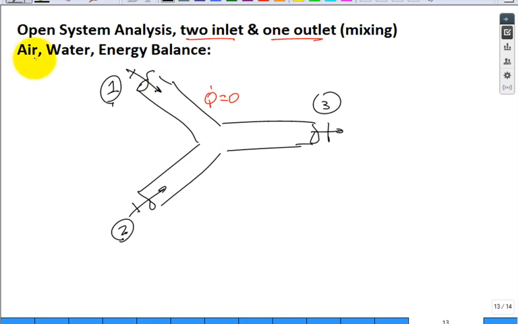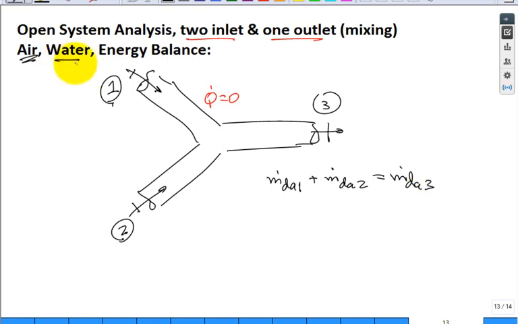If you do an air balance, you get that the mass flow rate of the dry air coming in at 1 plus the mass flow rate of the dry air coming in at stream 2 is equal to the mass flow rate of dry air going out at stream 3. Pretty good. Do a water balance.